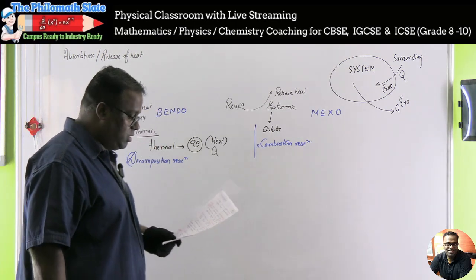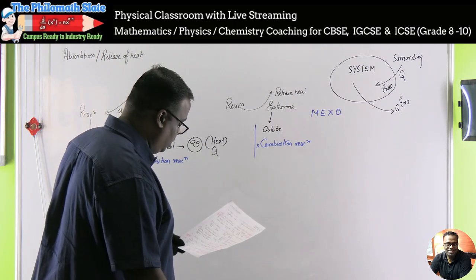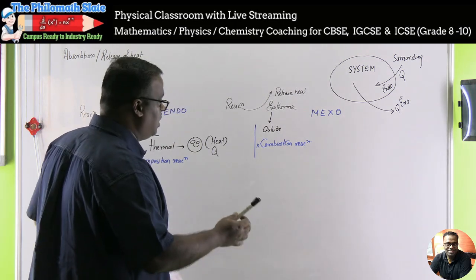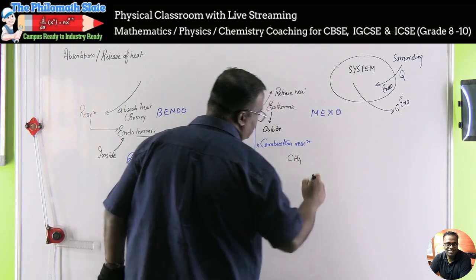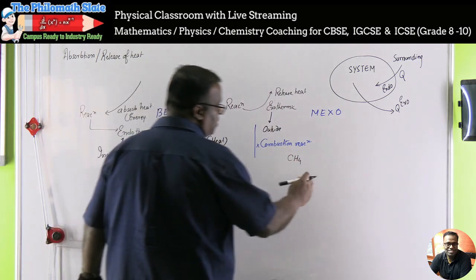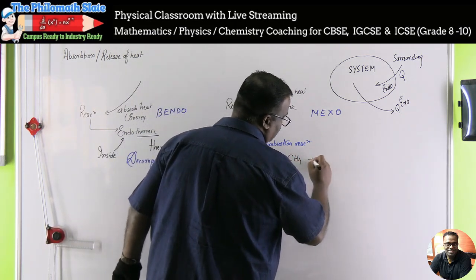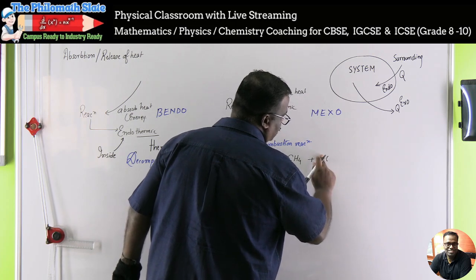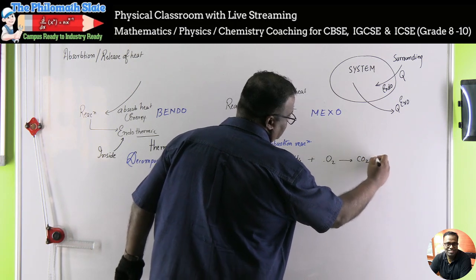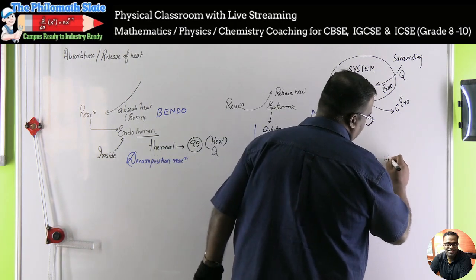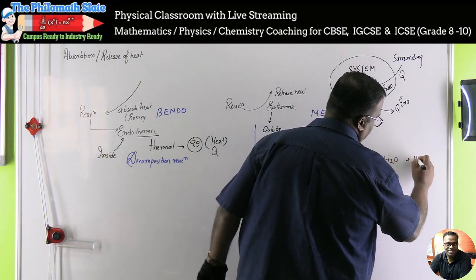So all combustion reactions are exothermic. So let's see some combustion reaction. One of the very simple reactions which you will again encounter in the chapter of carbon and its compounds. This is methane. Methane burns in oxygen to give you carbon dioxide plus water vapor plus heat.